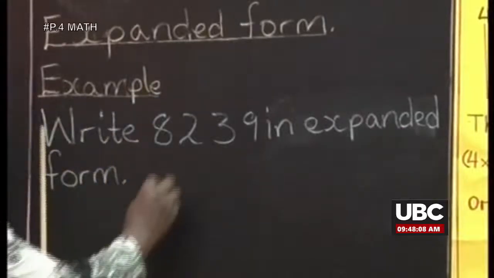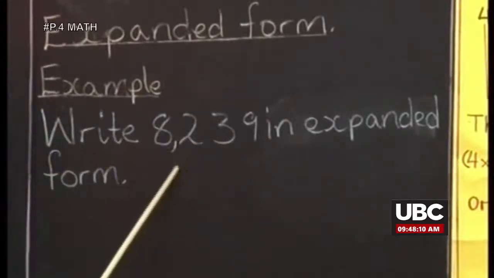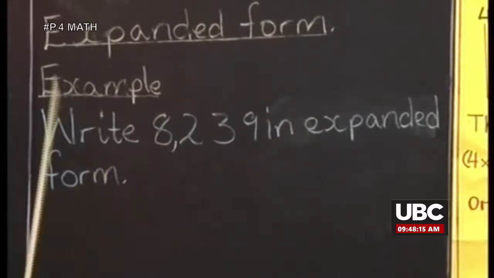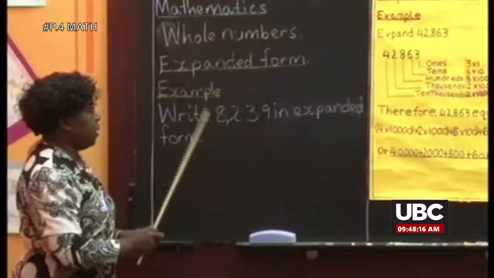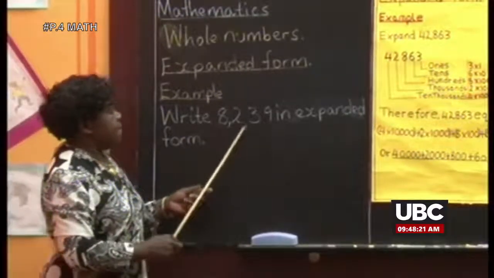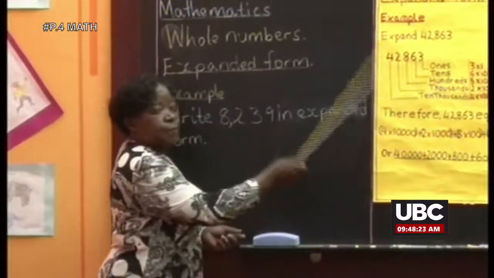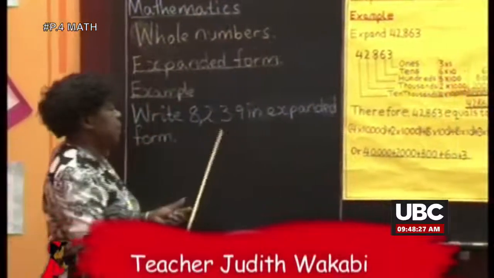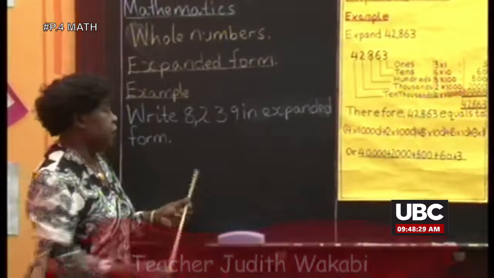To write this number, we've got to know the place values, and at the same time, we have to know the values of this number. Then you can be able to write it in expanded form.